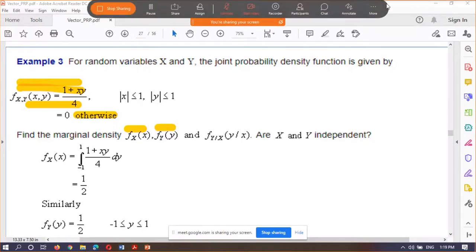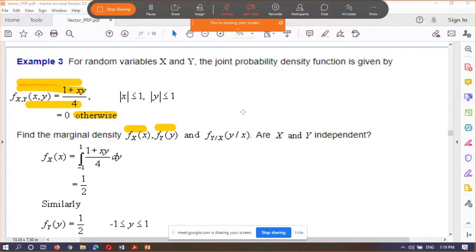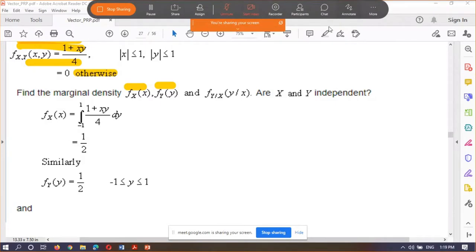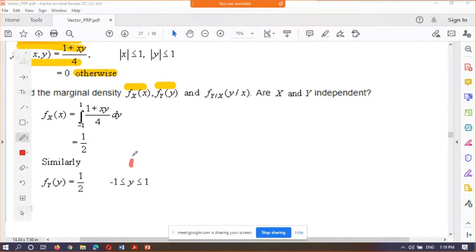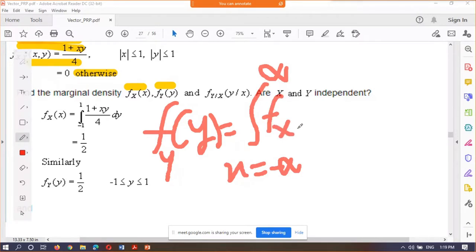So you can see that there is the problem. If I want to calculate for y also, the same thing I will do. This f y of y, to calculate this one, I integrate over x from -infinity to +infinity f x y dx.